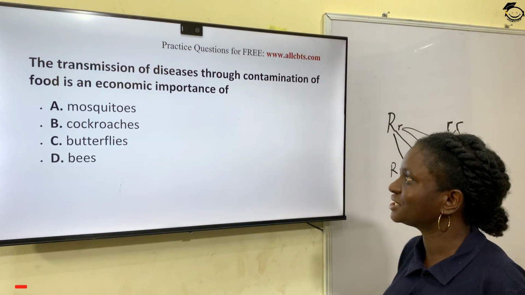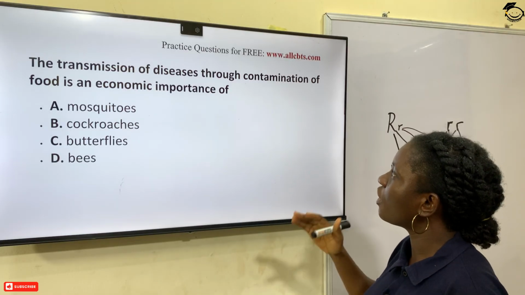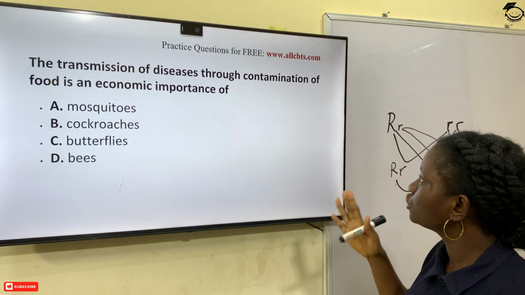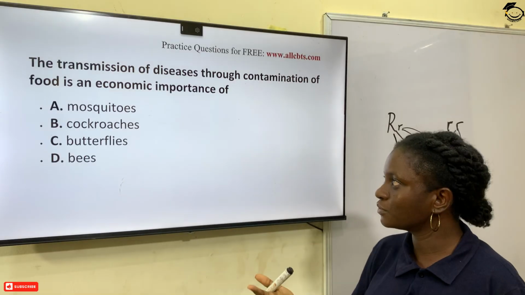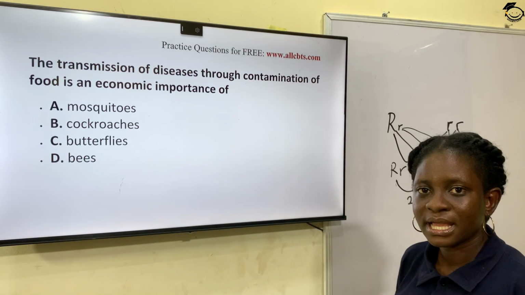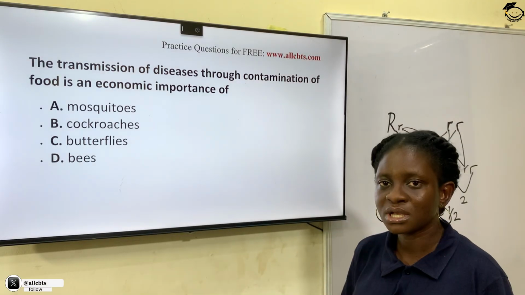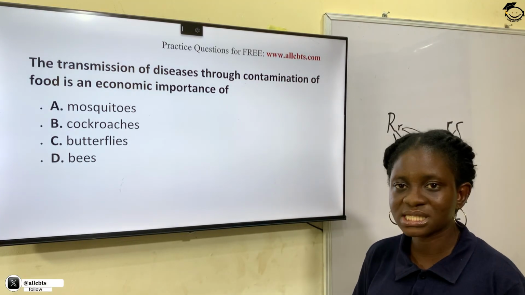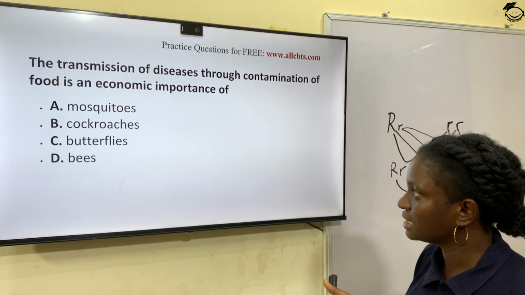The next question, the transmission of diseases through contamination of food is an economic importance of A, mosquitoes, B, cockroaches, C, butterflies, D, bees.